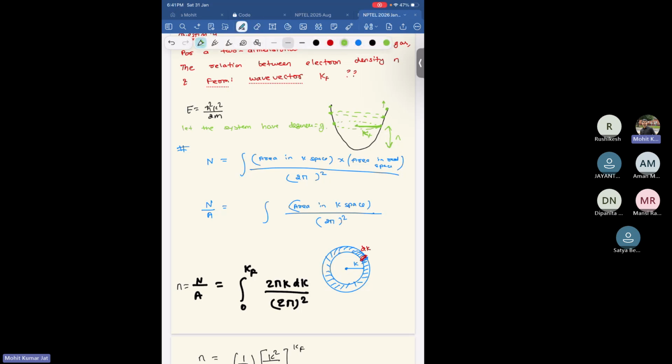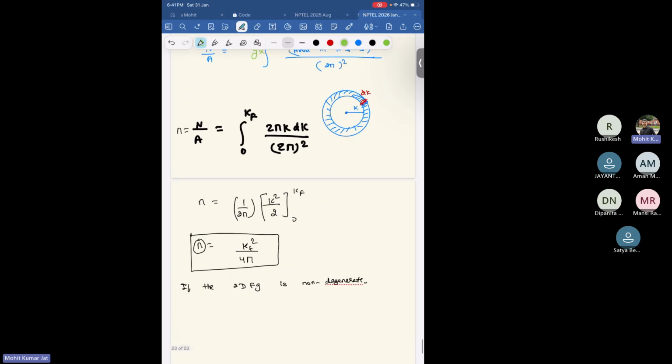Generally, there is a degeneracy of 2, either spin up or spin down. So the degeneracy will come in the front as a multiplication. So this will be G here, G here, and G here. So the general relation is this one.